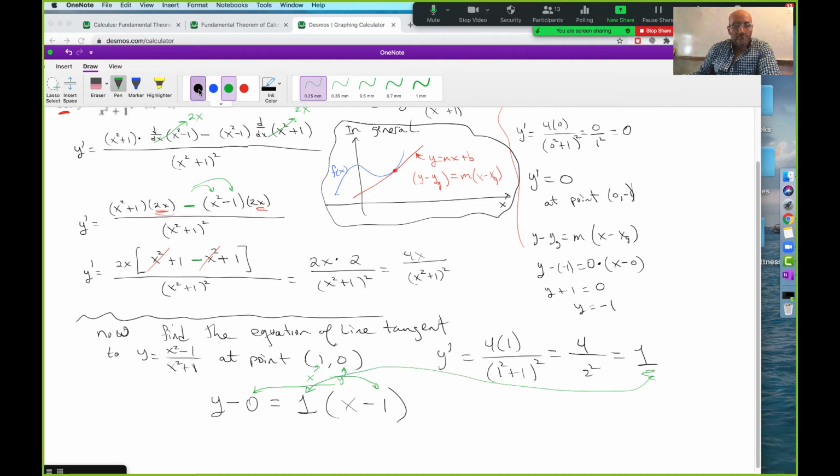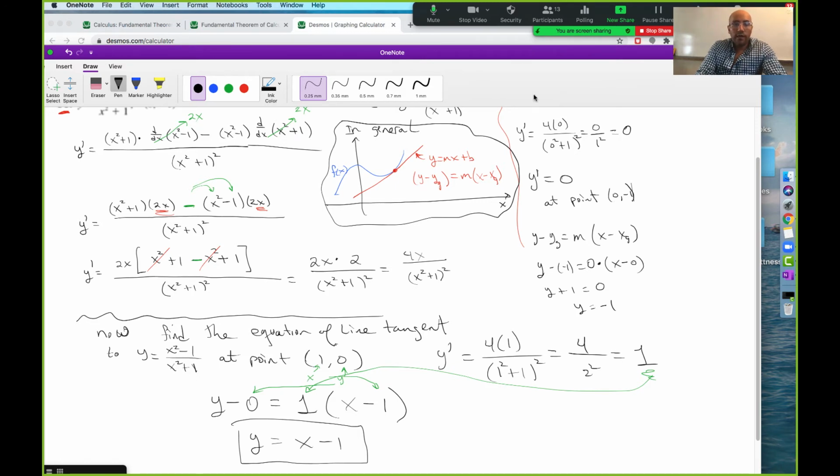Good. So we simplify this, and it's a straightforward simplification. Y minus 0 is just y. 1 times that is just going to be x minus 1. So there is the equation of the line that's tangent to our function at the point 1 comma 0.